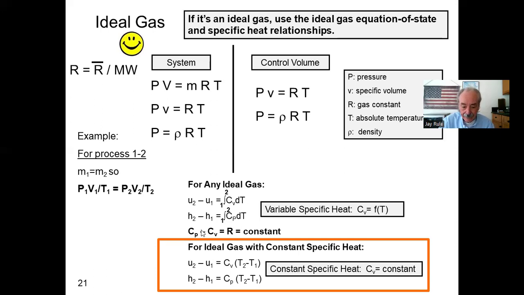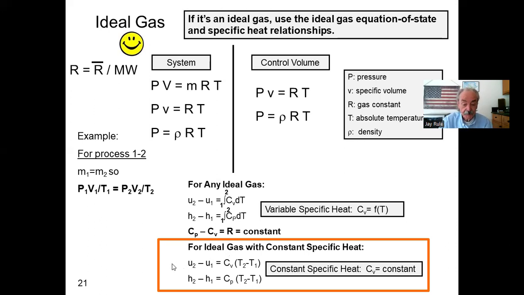For any ideal gas, here is the expression for internal energy change and enthalpy change. Now, you can also derive and remember that Cp minus Cv equals R for all ideal gases. Cp minus Cv equals R, well, that's a constant. For all ideal gases, whether specific heat is variable or constant, the difference between Cp and Cv is always R. Now, what were we praying for when I was a student?